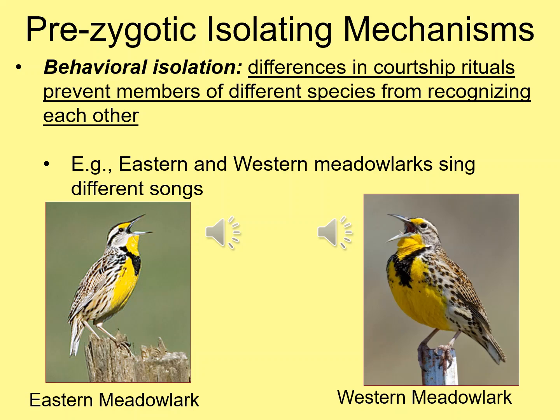For my money, looking at the plumage patterns between the two, they look extremely similar, right? You've got the bright yellow chest and yellow patches on the head, and then you've got this black V in the front. However, females are not fooled because they are listening for the song of their people, and it's quite different.